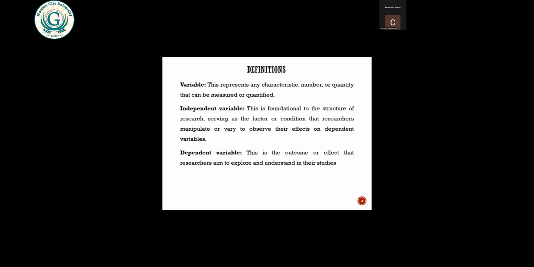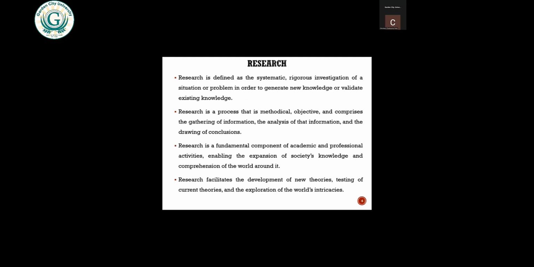Good. So now, what is research? How do we define research? Research is the systematic, rigorous investigation of a situation or problem in order to generate new knowledge or validate existing knowledge. Research is systematic and research is rigorous.